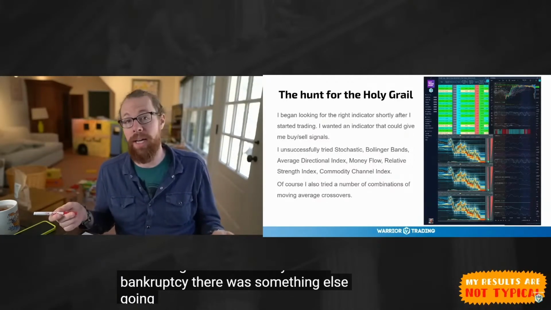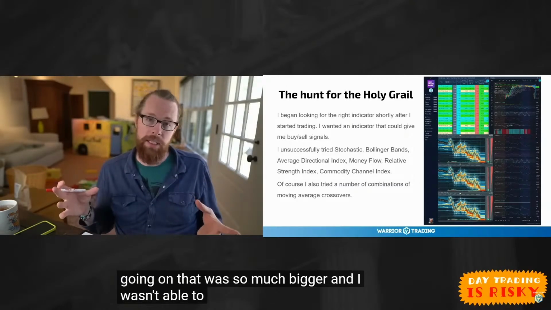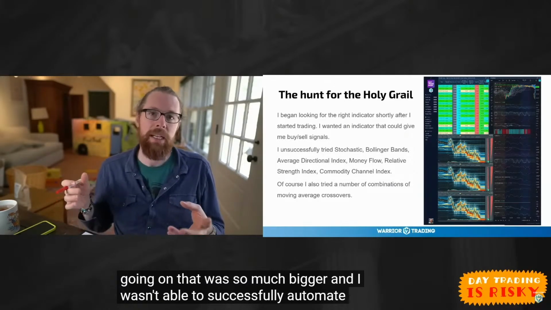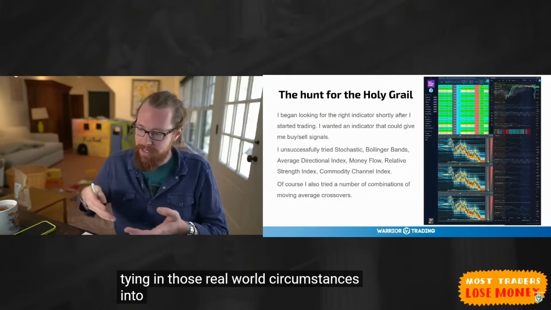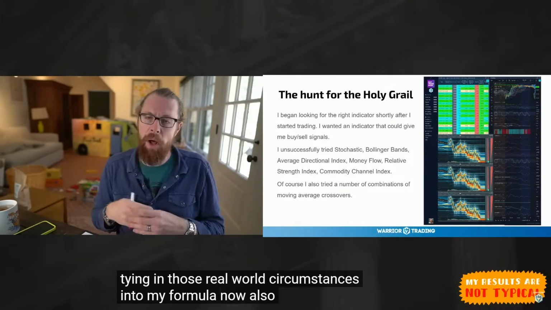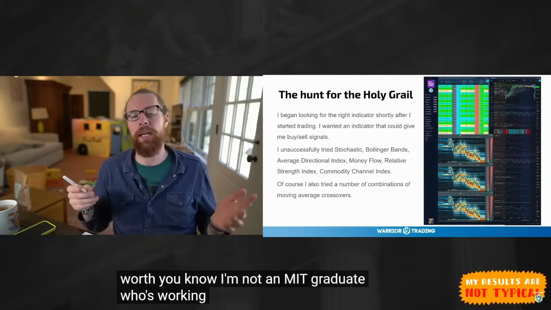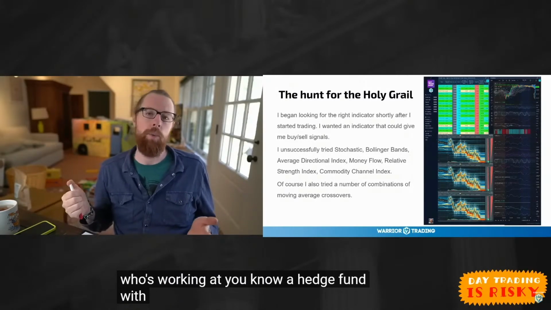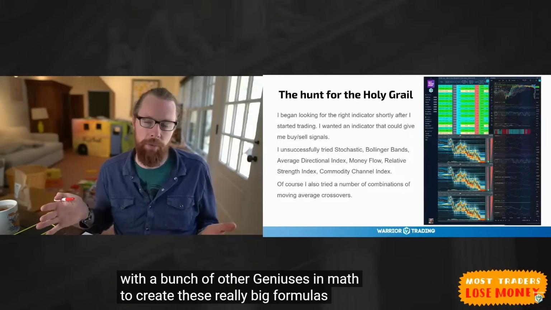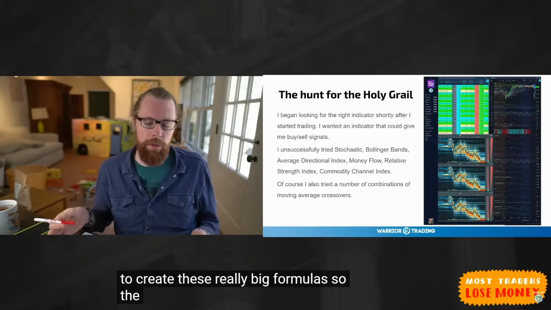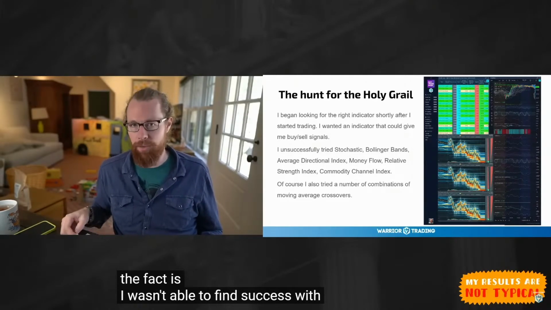There was something else going on that was so much bigger, and I wasn't able to successfully automate tying in those real-world circumstances into my formula. Also, for what it's worth, I'm not an MIT graduate working at a hedge fund with a bunch of other geniuses in math to create these really big formulas. So the fact is, I wasn't able to find success with it.